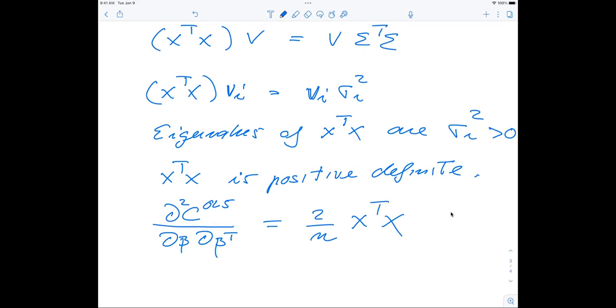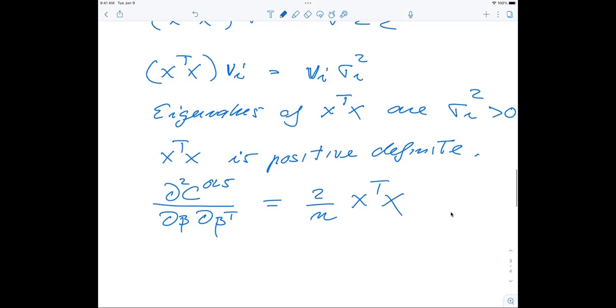This means that the second derivative is going to be positive. And if it's positive, it means that we have a convex problem in the optimization. All the eigenvalues are positive, which again means that this problem is going to have a global minimum.